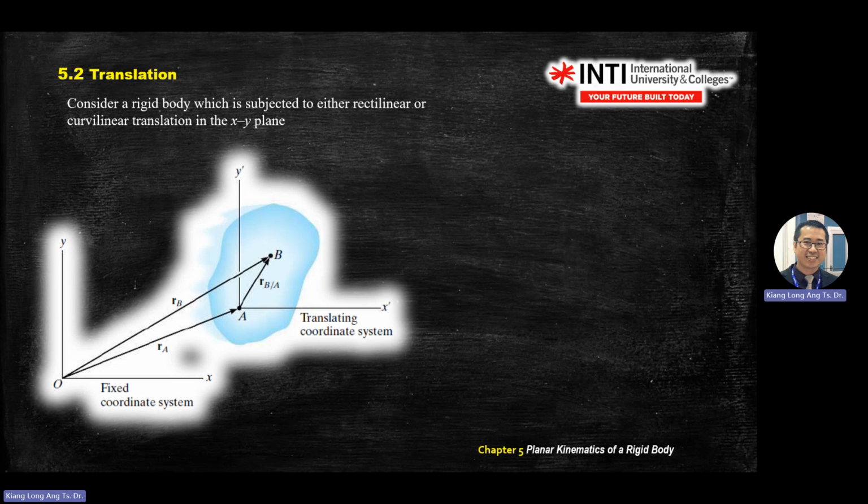So from the origin looking to point B, origin looking to point A. Since this is a vector, you can draw the difference between these two vectors by drawing from the tip of arrow A to the tip of arrow B. So from here, it's just an application of the vector chapter.